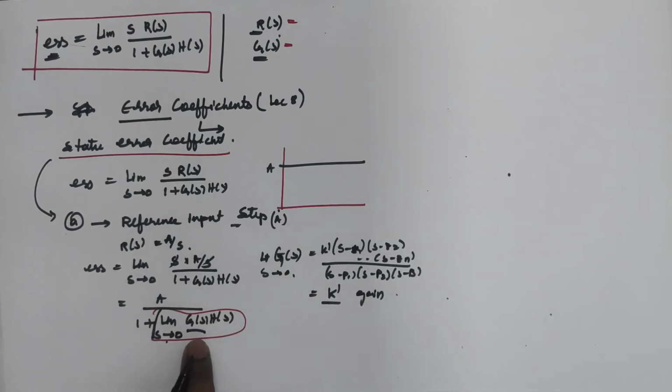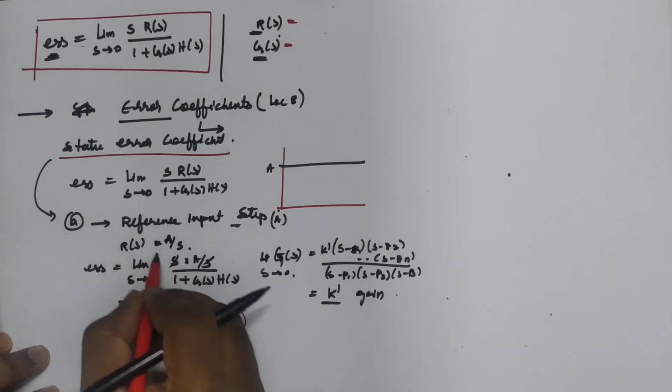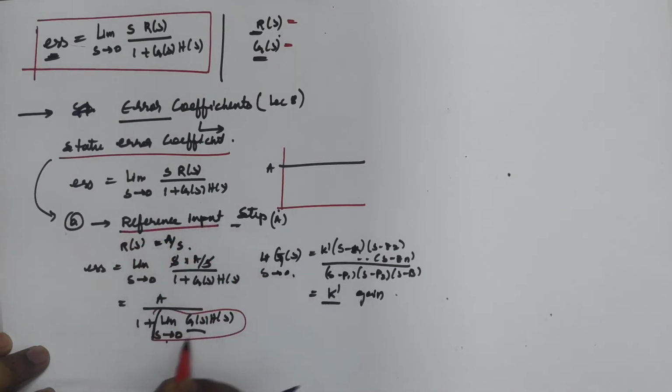For the unit step input, we describe this constant as Kp. For the reference input, we have a constant 1 plus Kp.